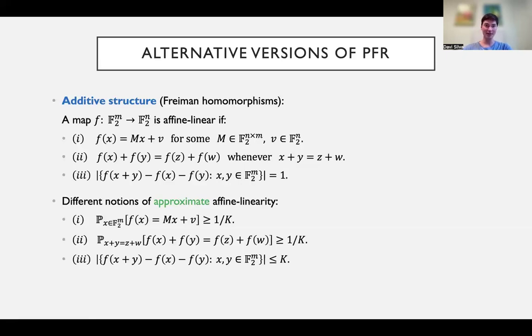So these notions, which are equivalent in the exact setting, give rise to different notions in the approximate setting. And the question here is: are these approximate notions related somehow?